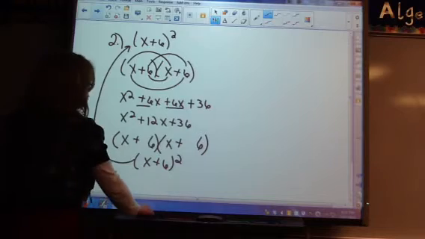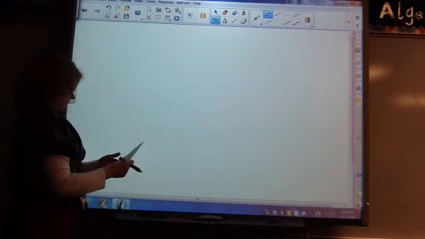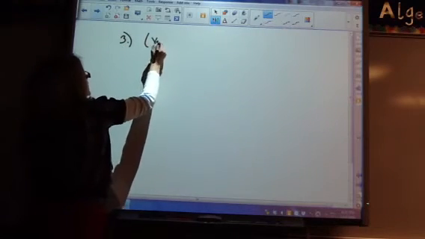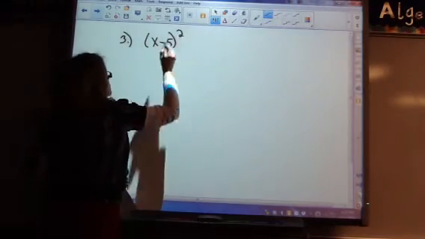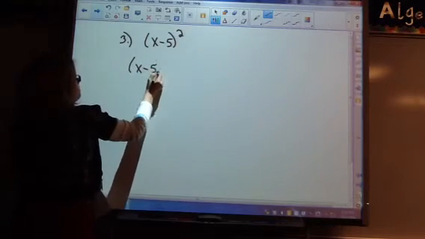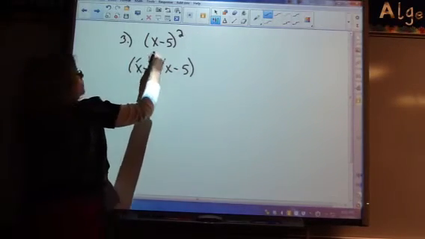Okay? Now let's try this with subtracting. Let's say we have x minus 5 squared. And let's FOIL it first and see what the difference is. So do your first.